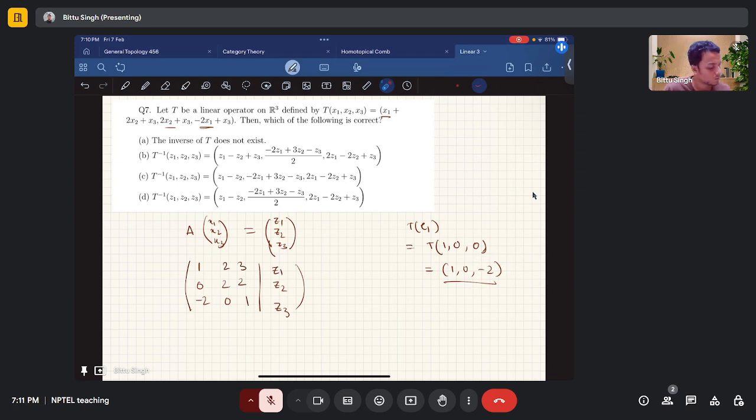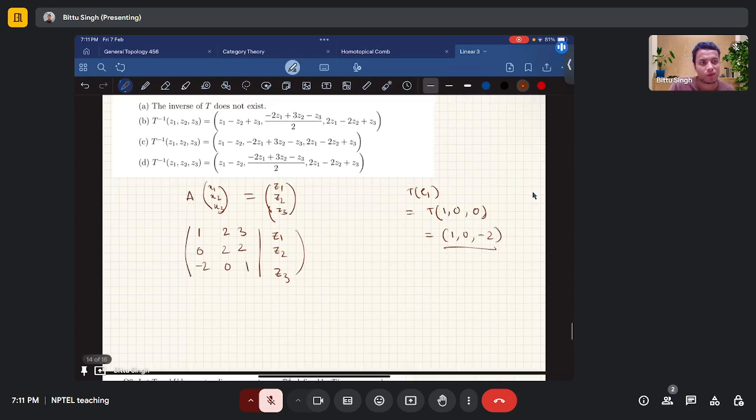So we are solving for Z1, Z2, Z3. Let us solve. If we apply row reduction, then the left side becomes row reduced echelon form.